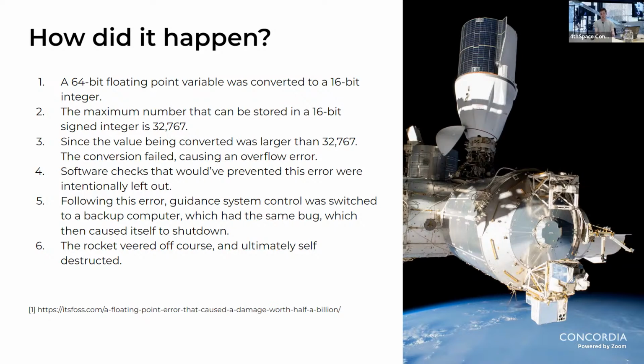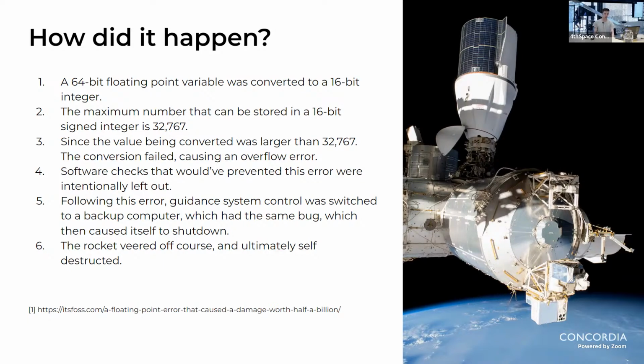Since the 64-bit variable has a lot more bits than a 16-bit integer, the maximum number it can represent is much larger than what you can store in a 16-bit signed integer, which in this case is 32,767.